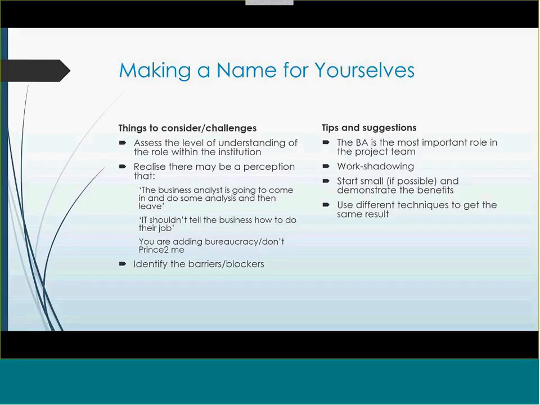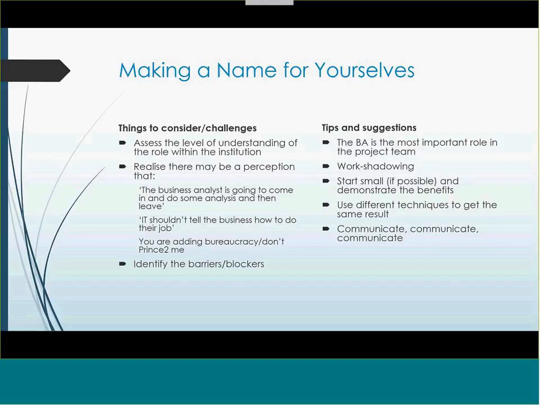Use different techniques to get the same result. Don't just go from interviews to workshops to surveys. Try different techniques to do the same thing, because then you keep people's interest and it's more interesting for you as the business analyst. And always communicate about the role and about the project.